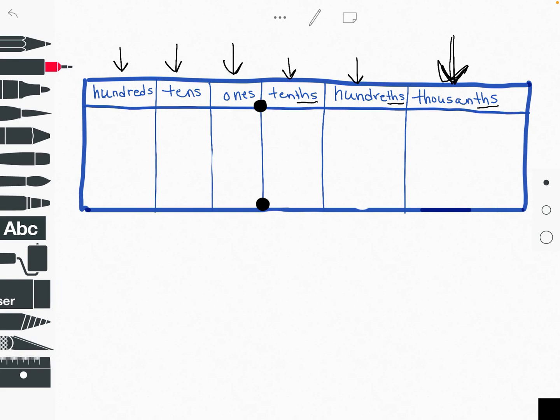Let's try a 7, our decimal point, a 1, and a 2. Well, I know my 7 needs to go in the ones place. The 1 is going to be in the tenths place. That's the first one behind the decimal. And the 2 is going to be in the hundredths place. And that's our last digit.